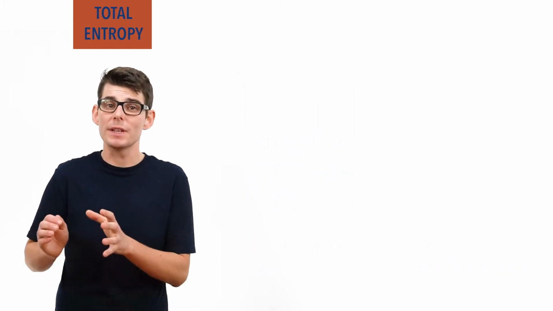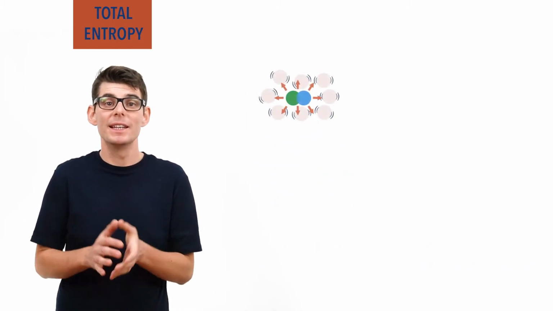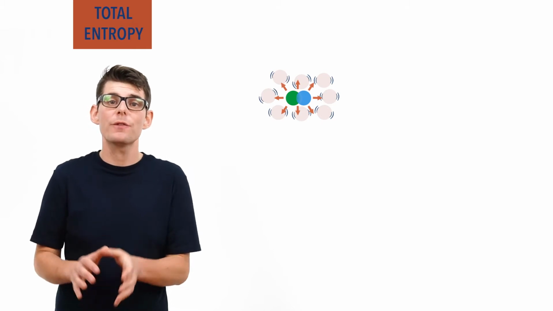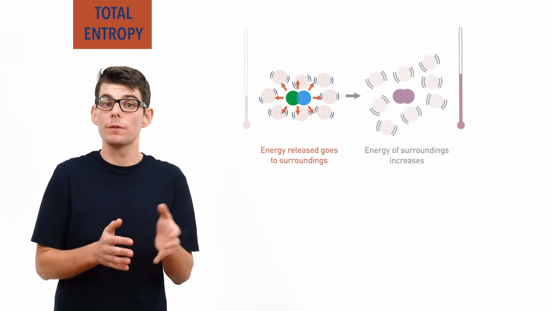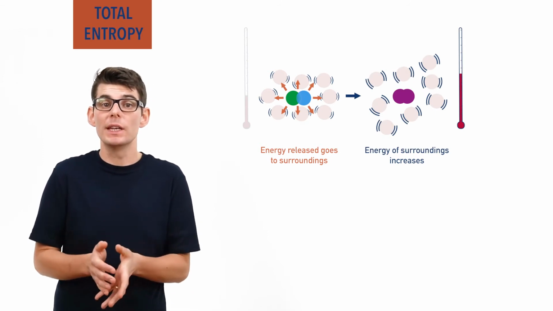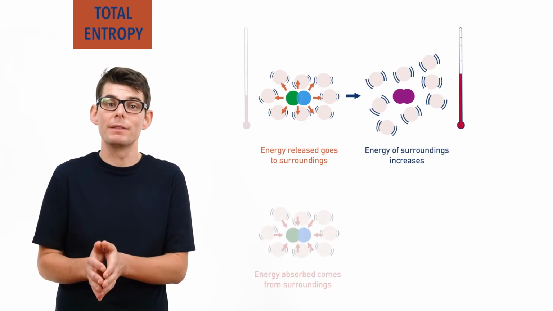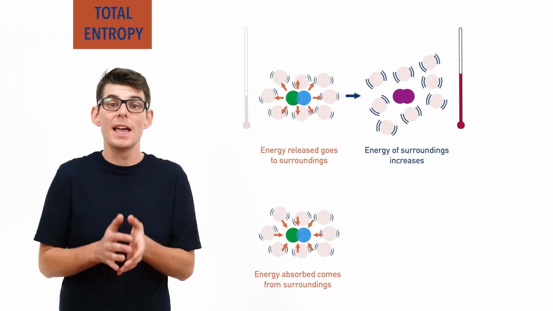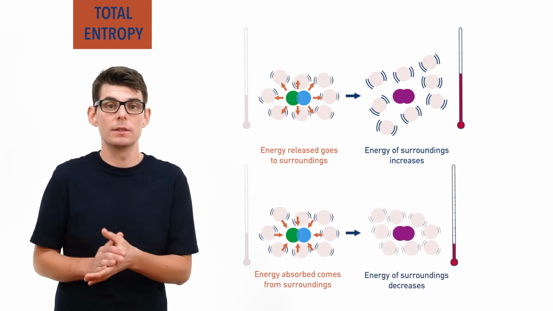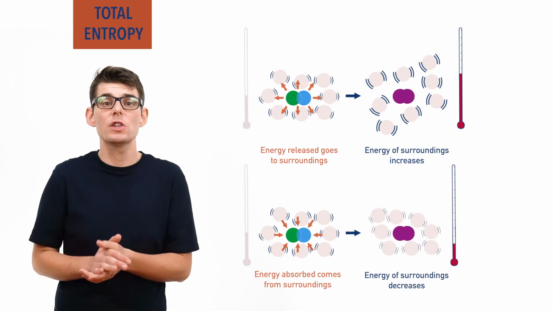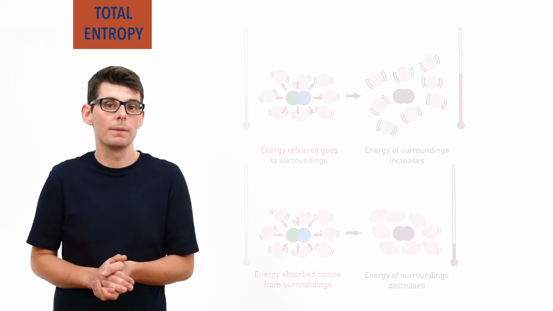As heat energy flows out of a reacting system in an exothermic reaction, it flows straight into the surroundings, increasing the temperature of the surroundings. Equally, if heat energy flows from the surroundings into the reacting system in an endothermic reaction, the temperature of the surroundings decreases. These heat energy changes are straightforward to measure.